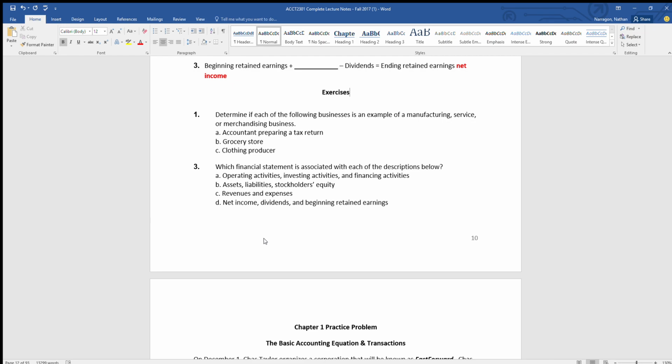And net income, dividends, and beginning retained earnings is going to be our retained earnings statement. And again, there they all are.